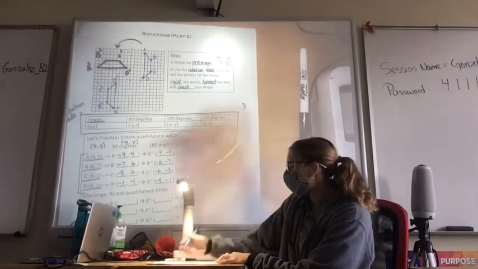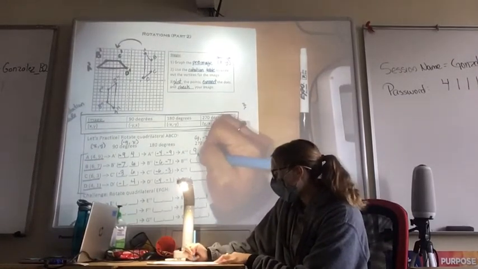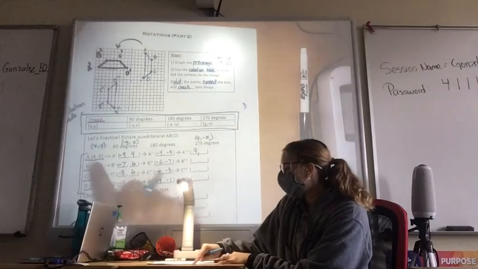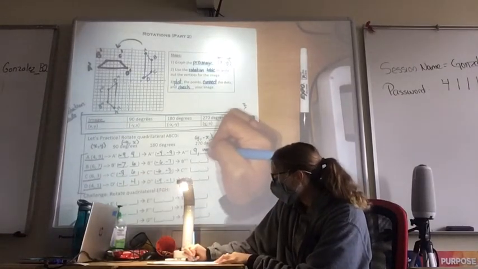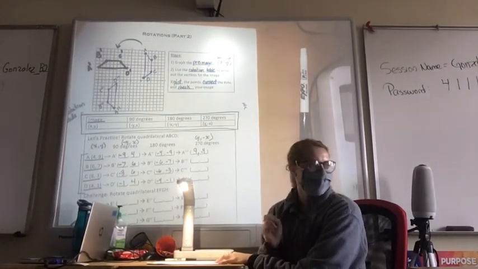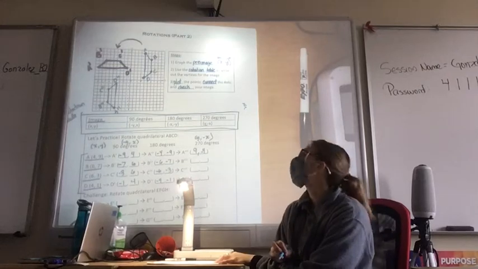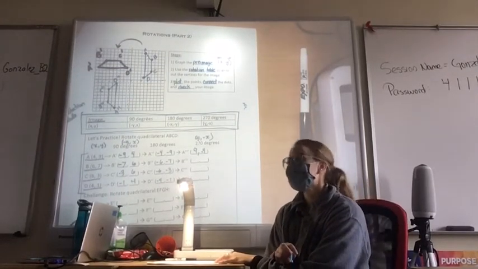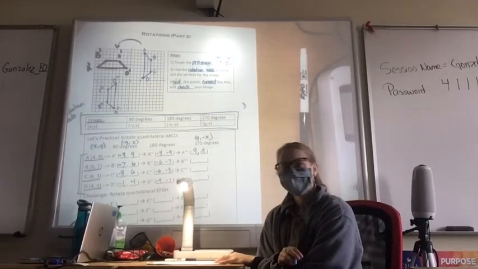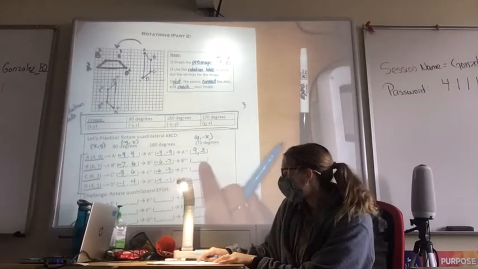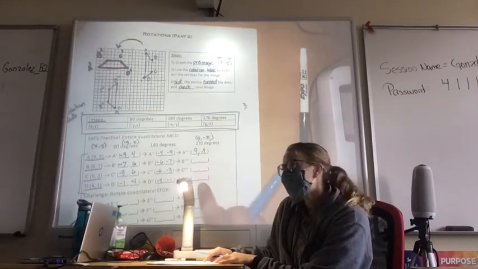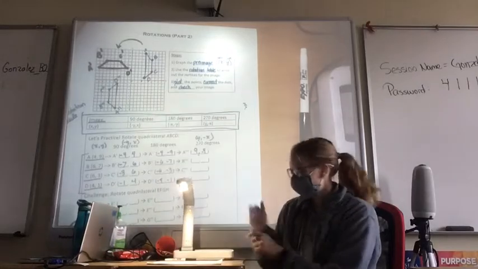Our y value is 9, so 9, comma, our x value is 4, and we make it the opposite. So you said opposite, I was like, you should have said negative. All right, go ahead and fill out B, C, and D, and graph it.